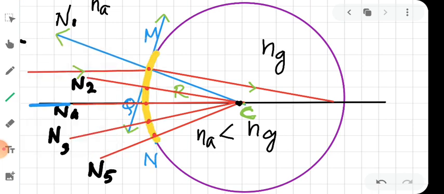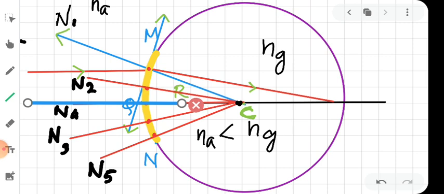Imagine a light ray coming this way along the principal axis. What happens? Now the light ray is making 0 degrees, 0 angle with the normal, which means it is incident normally. We call such an incidence normal incidence. When light is incident at an angle of incidence 0 degrees with respect to the normal, we call such incidence normal incidence.